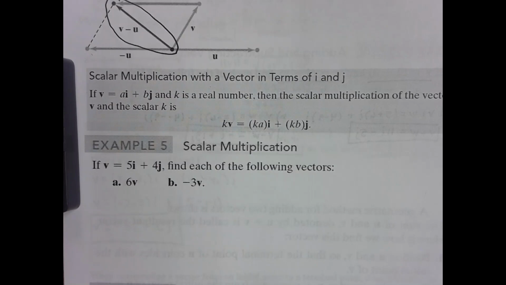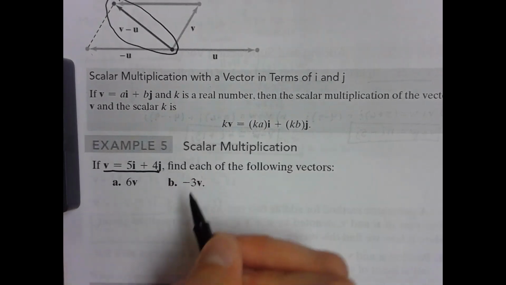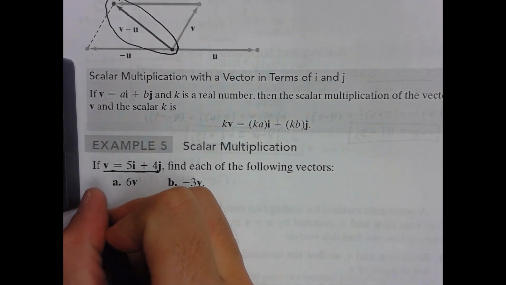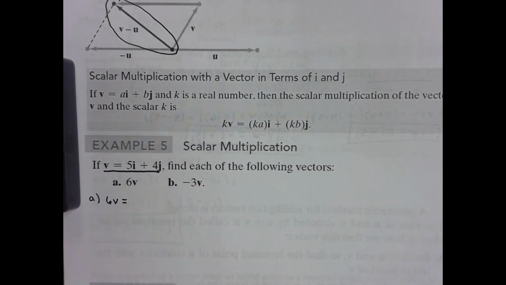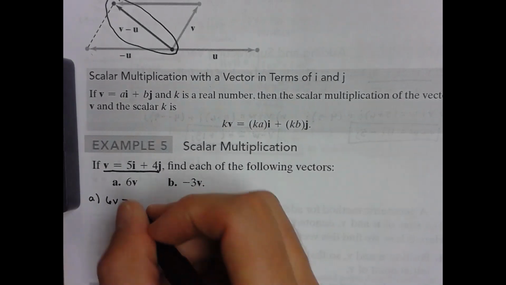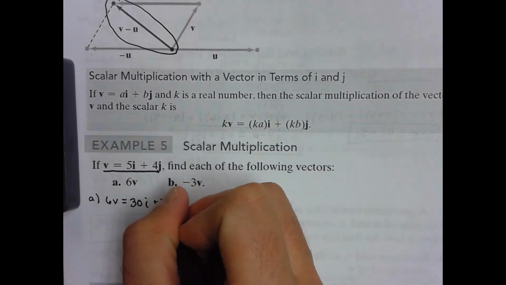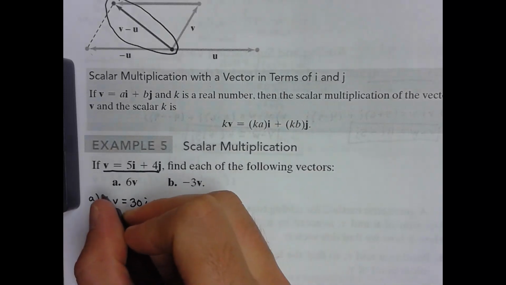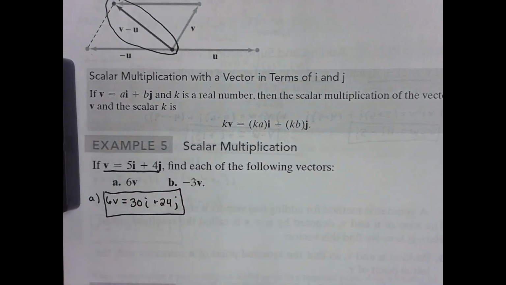But again, I feel like this is pretty obvious, so I don't need to write this all down. So if I have vector v, and I want to find 6v, all I'm going to do is multiply each part of the vector by 6. 5 times 6 is 30. 4 times 6 is 24. That's it. To me, that's what I would expect to do.